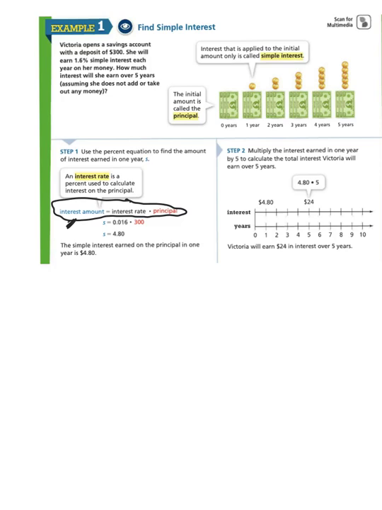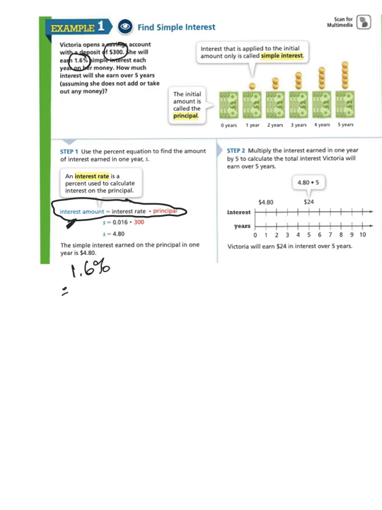So we need to take the interest rate, which they give us as 1.6%, and the principal amount, or the starting deposit, of $300. So we have to turn 1.6% into a decimal.